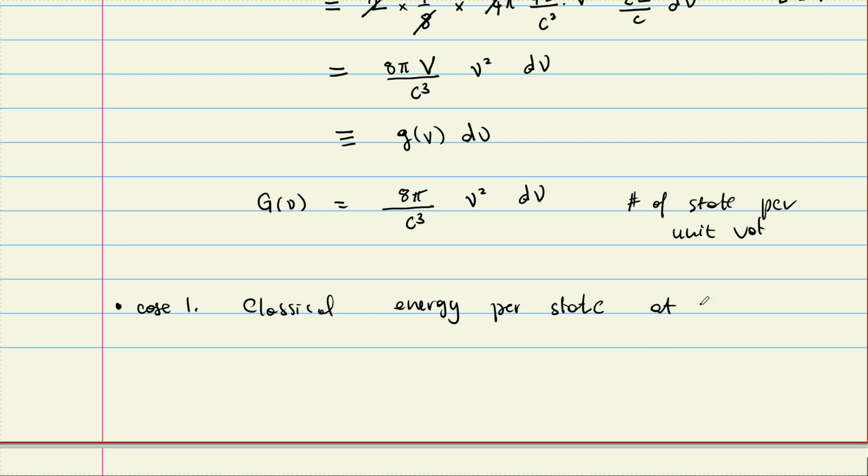At T, from the equipartition theorem. Yes, exactly. So this E bar is going to be equal to, so this is the energy per each photon if you want, the number of degrees of freedom times 1/2 kBT. But because we know photon has two polarizations, I'm going to include these two here.